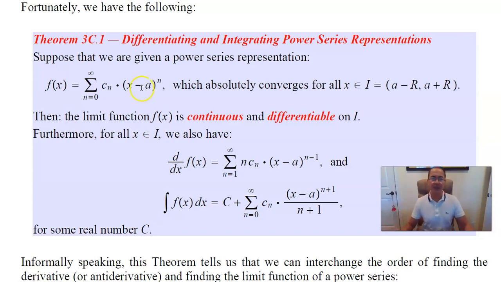That's also 1. So you just have a constant c sub 0. So when you take the derivative of that, poof, it goes away. And your first term will be c sub 1 times (x minus a) to the 0, or simply c sub 1. So therefore, you can start the infinite series at n equals 1 instead of 0.